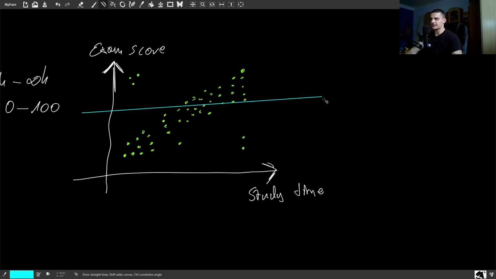And this is obviously not the best function that we can find for these data points. But the error of that function would be to basically go for each point and see if this function was correct. We would predict that for this x value here, this would be the y value. And then what we do is we just go down and see, okay, this here is the error, and this here is the error, and this here is the error. This is just the difference from the prediction to the actual reality. That is the error, okay? And what we want to do is we want to find a function that minimizes that error. And this is what linear regression is about.